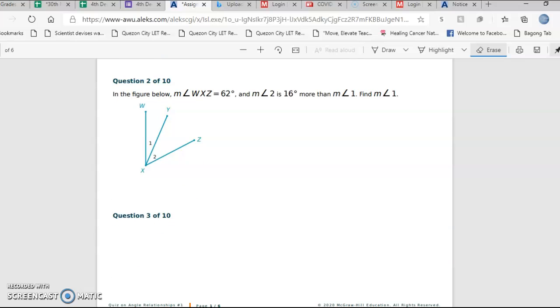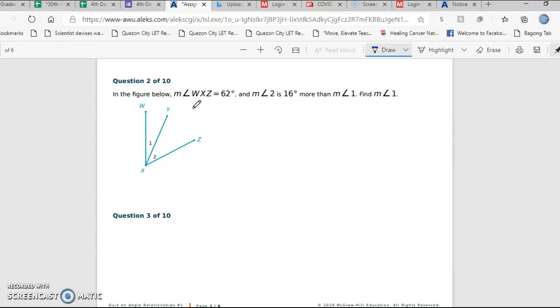Now in number 2, class, in the figure below, it says that the measurement of angle WXZ equals 62 degrees. No, not percent, sorry. I'm interchanging my financial lit with the geometry.